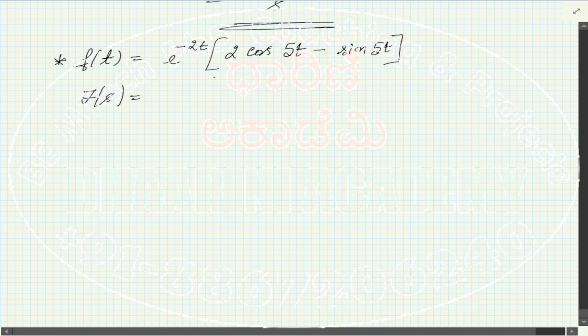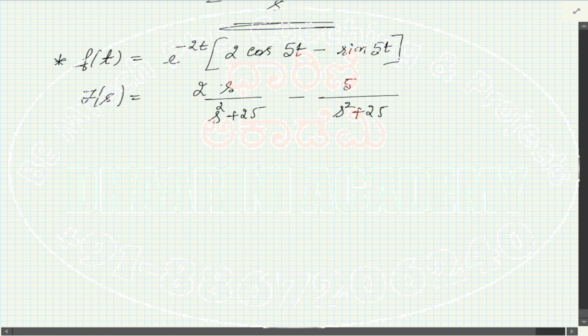So for the first term, that is 2 into, it's a cos term, so this is s divided by s square plus a square, a is 5 here, so 25. Then I have minus sine, a divided by s square plus a square, so a is 5 divided by s square plus 25. So actually I can club this.